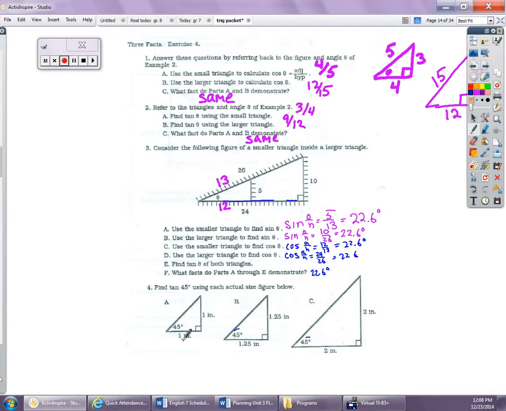What do you notice about the opposite and the adjacent? Opposite over adjacent is going to be 1 over 1. Opposite over adjacent is going to be 1.25 over 1.25. Opposite over adjacent is 2 over 2. So when we're talking about tangent 45, the opposite and the adjacent are the exact same things.